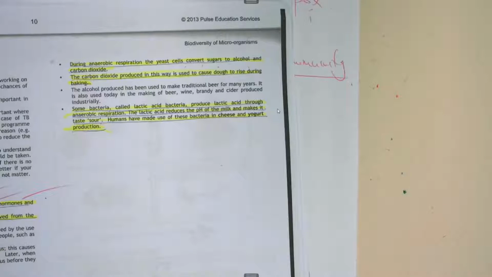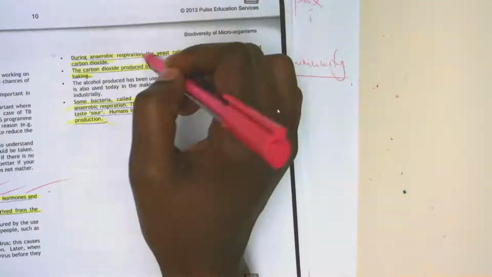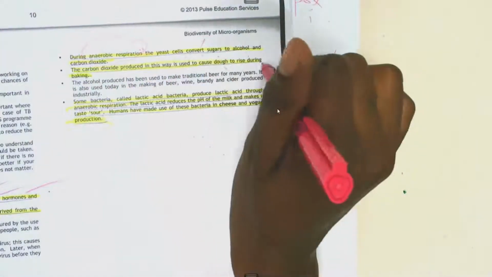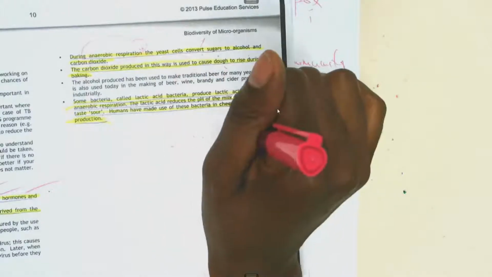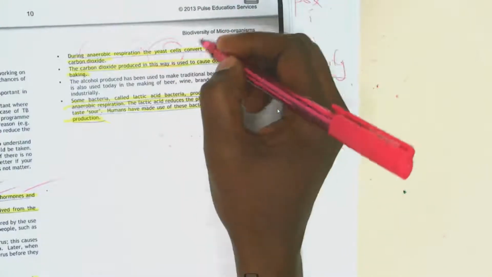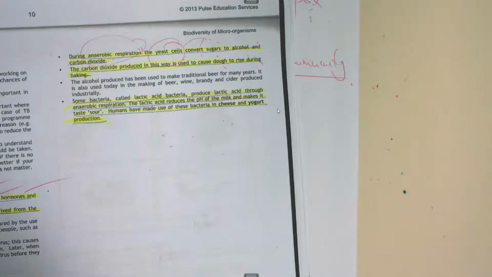So it means that if you want to bake bread by using the yeast cells, you will buy yeast, and then you will mix it with the flour or whatever, and then after that anaerobic respiration will take place, and then the dough will rise. So when it rises, it means that these yeast cells are now converting what? The sugars to alcohol and carbon dioxide. So that is why you will see it rising.